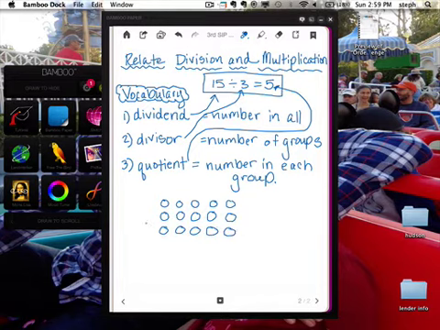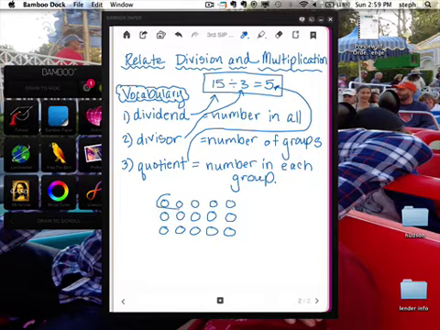Make sure that you draw 15 circles. So it says in here that with this problem you have 15 circles, number in all, and the divisor is 3. That means we need to put it into 3 groups.